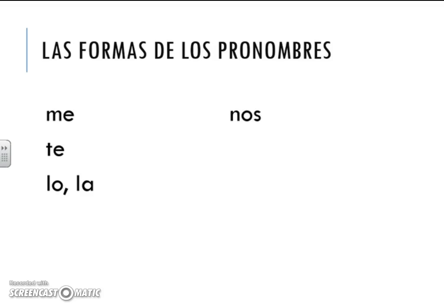If someone sees us, we would say nos. If someone sees you all in Spain, if we were referring to someone as vosotros, and we'll get more into vosotros later on this week, you would use os. And then the next one would be los and las. So if someone sees them, masculine, los, them, feminine, las.